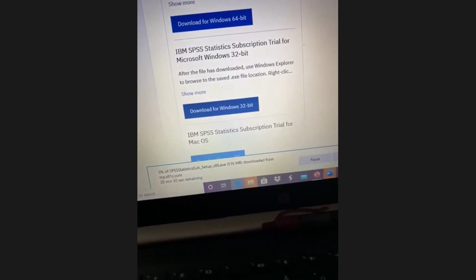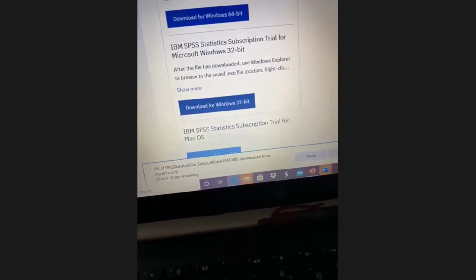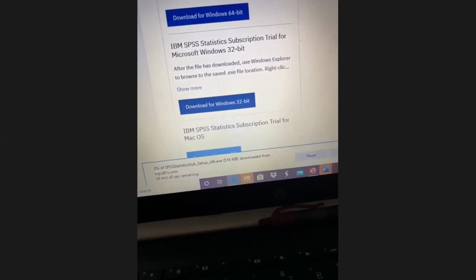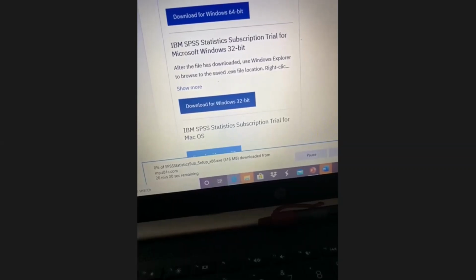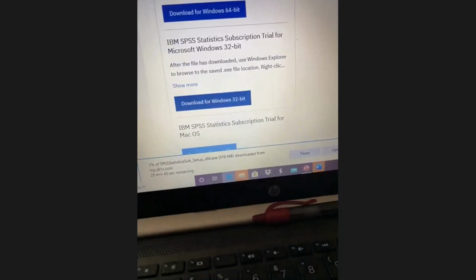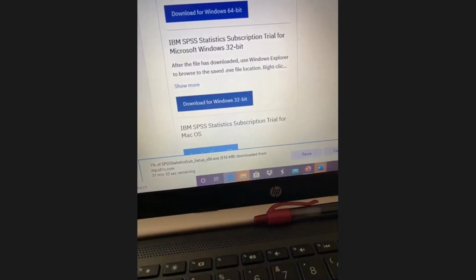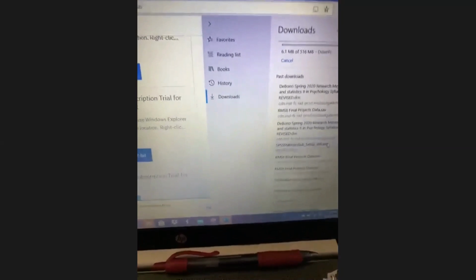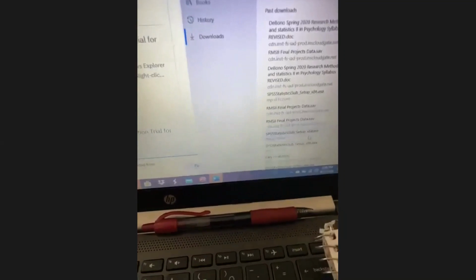Did you try downloading it both ways? 32 and 64. Yes, both of them are downloaded already. And neither of them worked? No, the 32 is right here, and the 64 is right here, and they both pull up the same way.